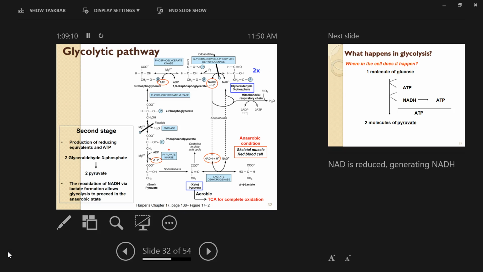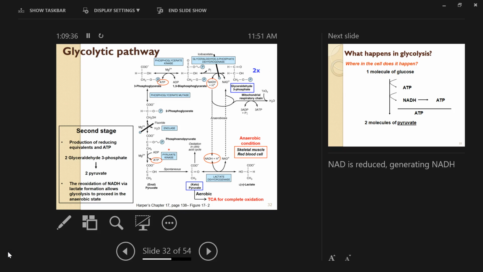Again, aerobic metabolism requires both mitochondria and oxygen. So in brain cells, we should consider it the aerobic condition, and pyruvate will be the final product.